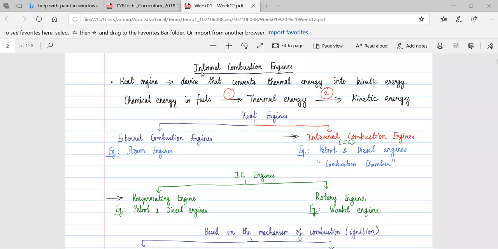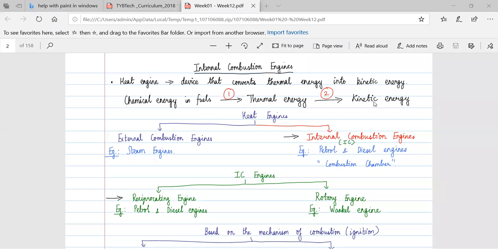Now in an internal combustion engine, there is a two-step process. The chemical energy of fuels is converted into thermal energy. That means the fuel is ignited and thermal energy is created, and this thermal energy is used to drive the pistons, which are attached to the crankshaft, and automatically that crankshaft rotates.